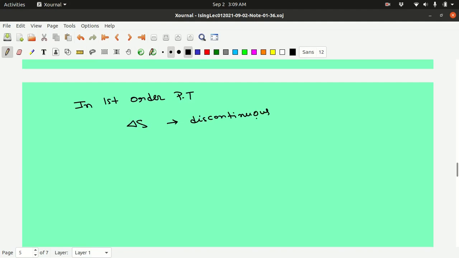Going from, let's say, liquid to solid, delta S will be SL minus SS, the entropy of the liquid and the entropy of the solid.